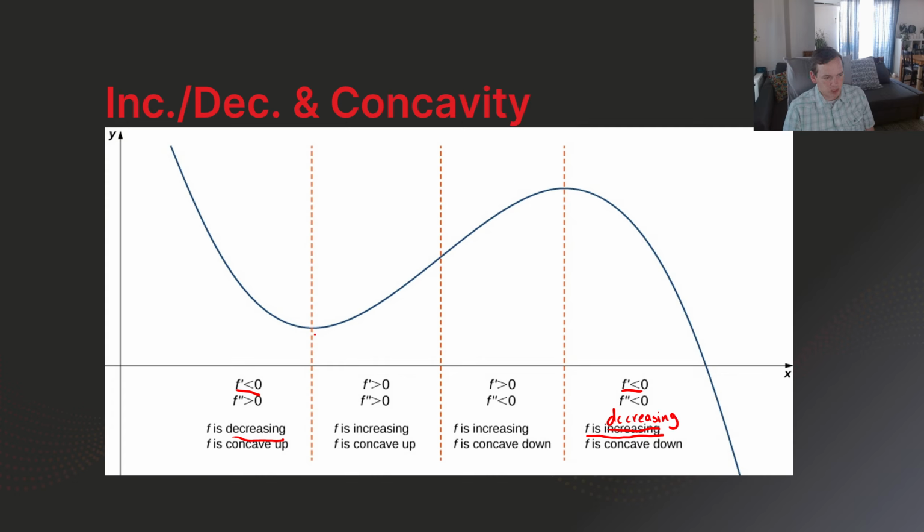In this middle section, the function is going up, so the first derivative is positive. Now, if we look at the slope at all these points, I'm just going to sketch a couple of tangent lines, these red lines that trace it.